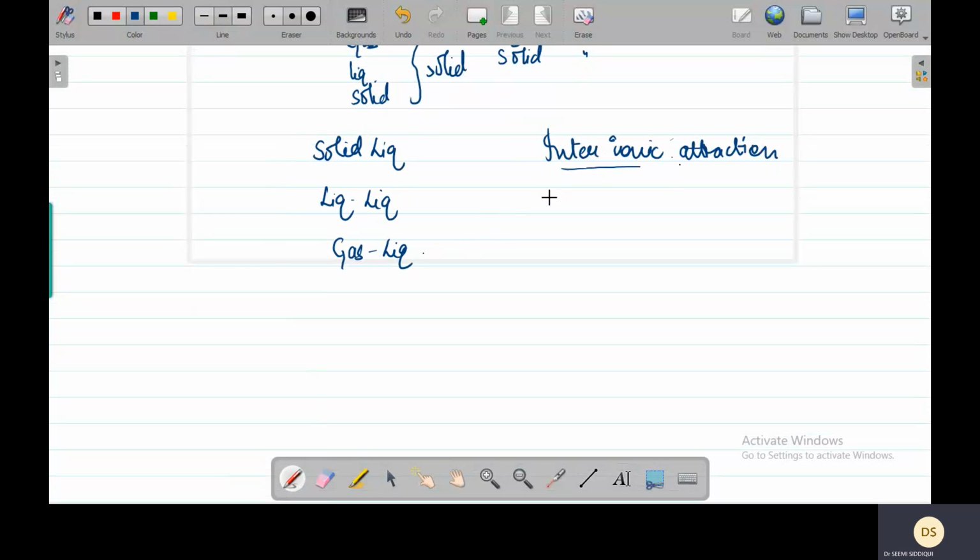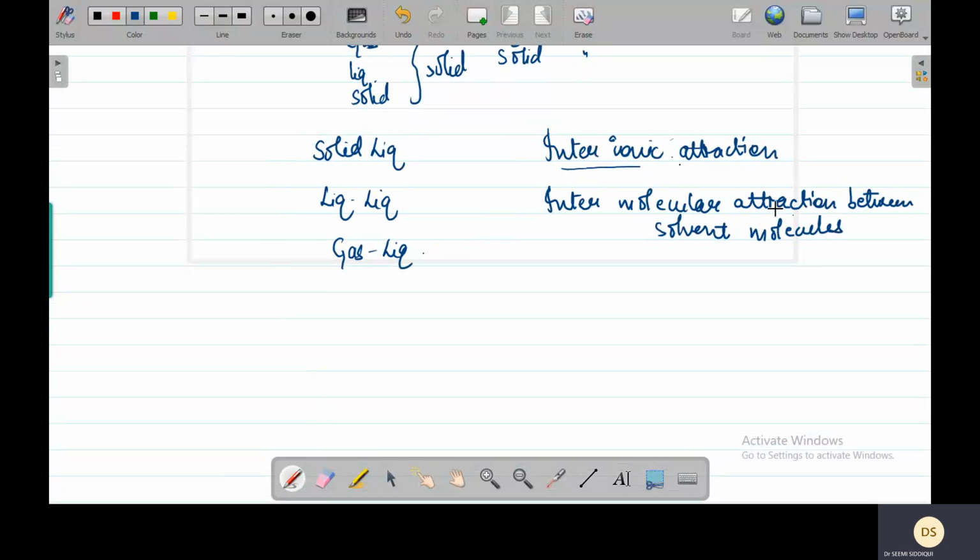Second cause is the intermolecular attraction between solvent molecules.